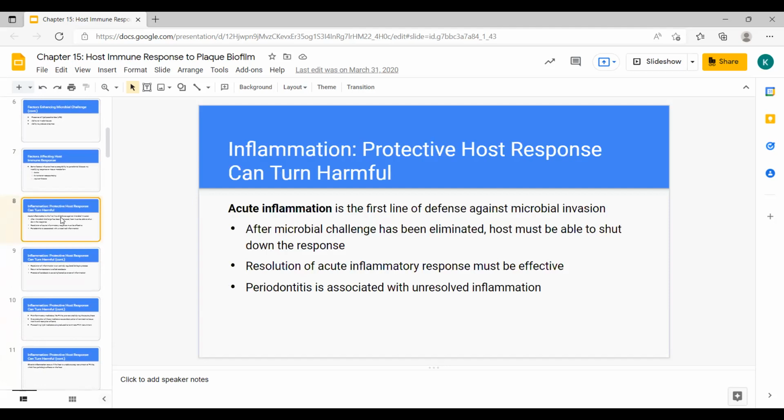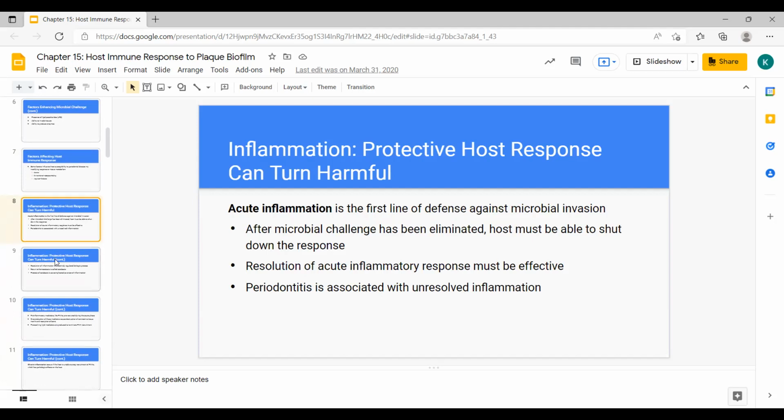The protective host response can turn harmful in inflammation. Acute inflammation is the first line of defense against a microbial invasion. After the microbial challenge has been eliminated, the host must be able to shut down the response, just like we talked about in the last chapter. The resolution of the acute inflammatory response must be effective. Periodontitis is associated with unresolved inflammation.